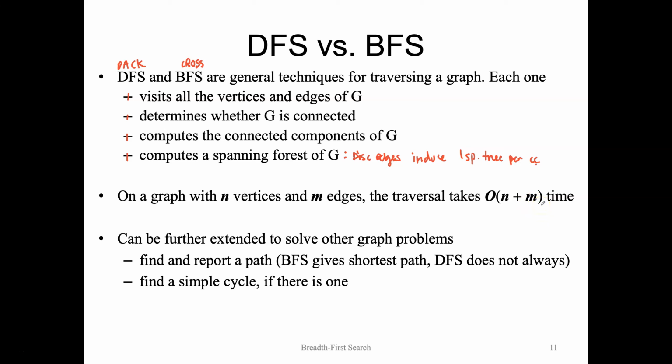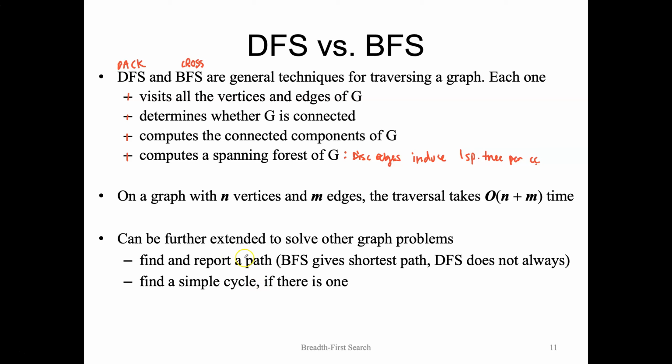And we can extend both of them in order to solve some other common graph problems, like finding a path between vertices, finding a simple cycle if there is one. The existence of a non-discovery edge immediately gives that our graph has a cycle.